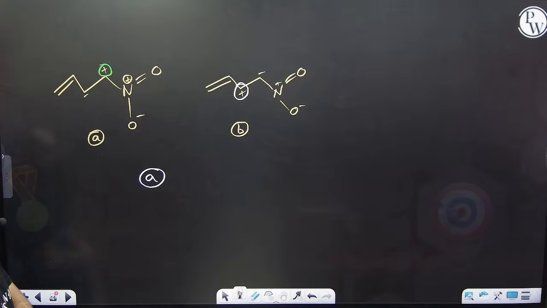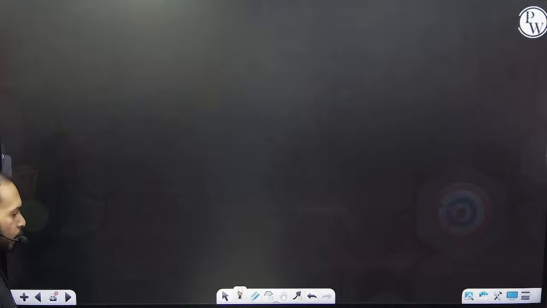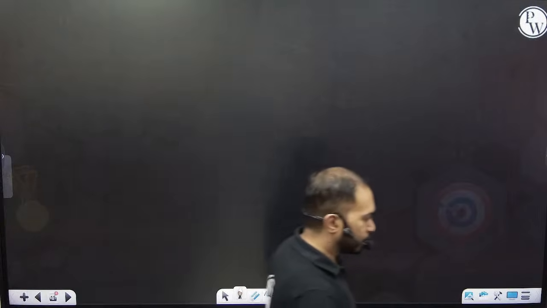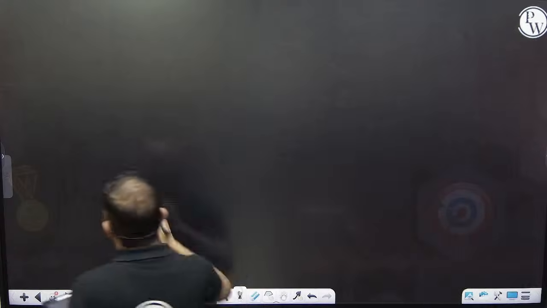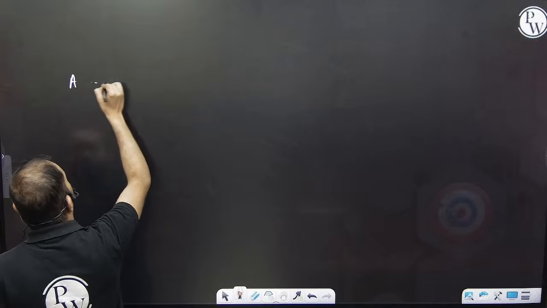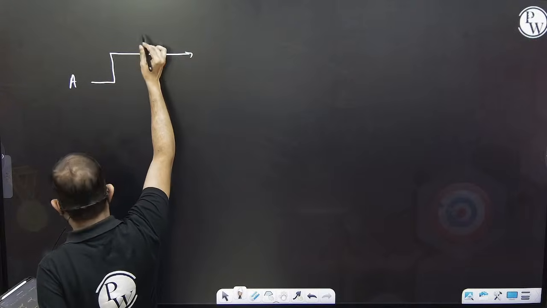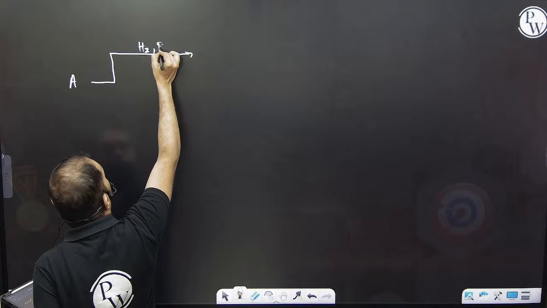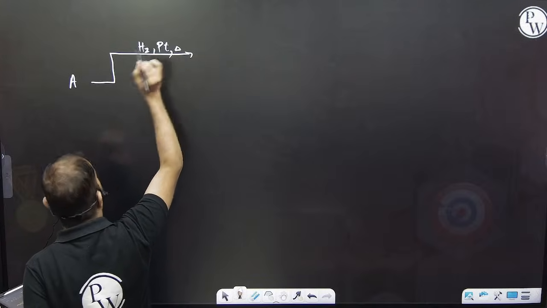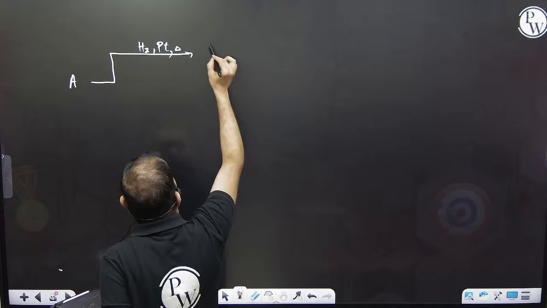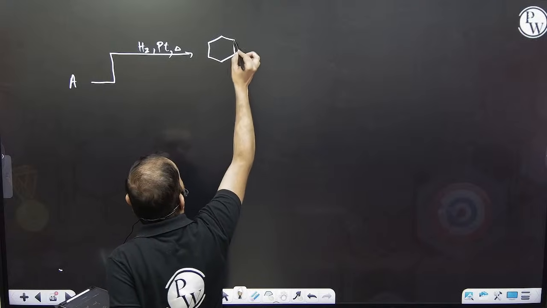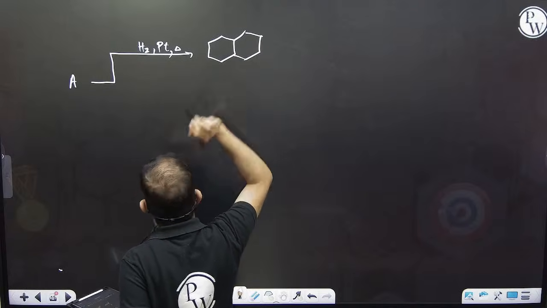Okay. Now, a good question of organic chemistry was also asked, which we got from the students. The question was, there was a compound A. This is reacted with hydrogen in presence of platinum as catalyst plus heat, right? And over here product is given like this.